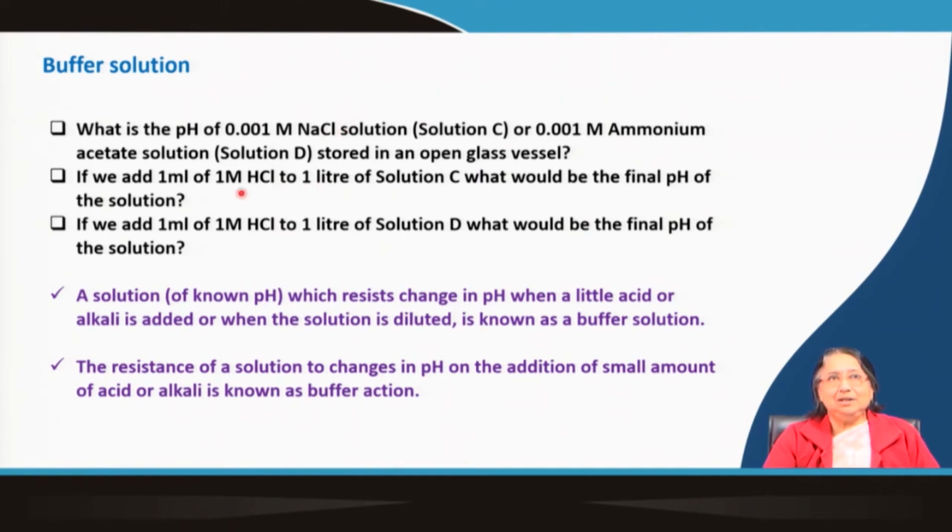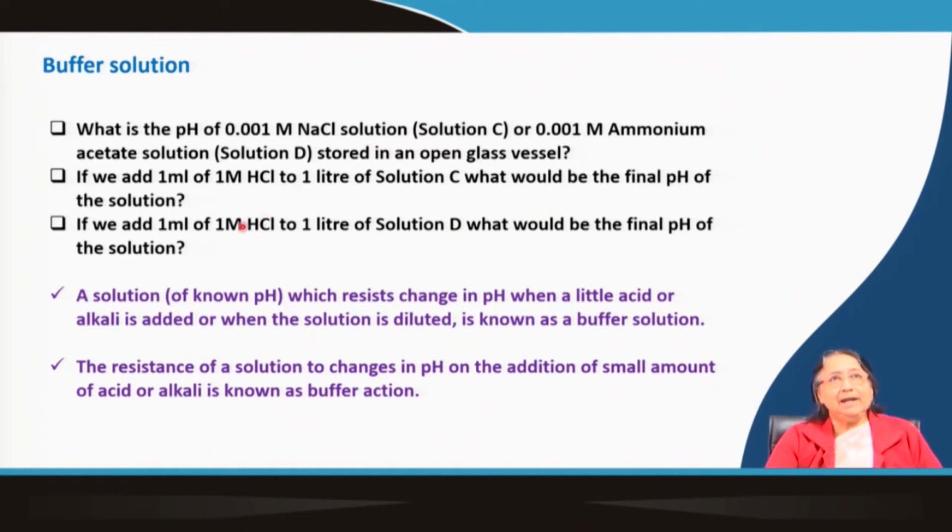It is easy, because 1 milliliter 1 molar, now it is 1 liter. So, volume is increased 1000 times, and so concentration will decrease 1000 times. So, now the HCl concentration will be 10 to the power minus 3, that means pH will be 3.